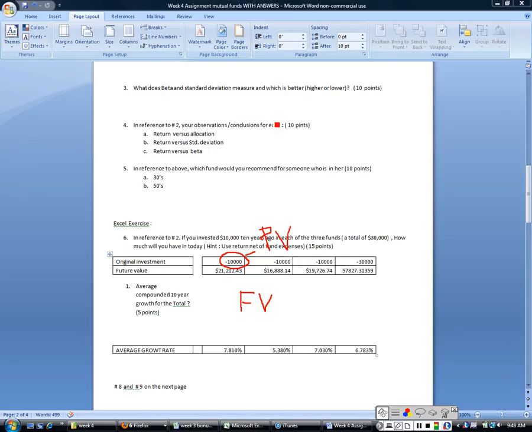Okay. R comes from the return that the fund is giving, and N is 10.